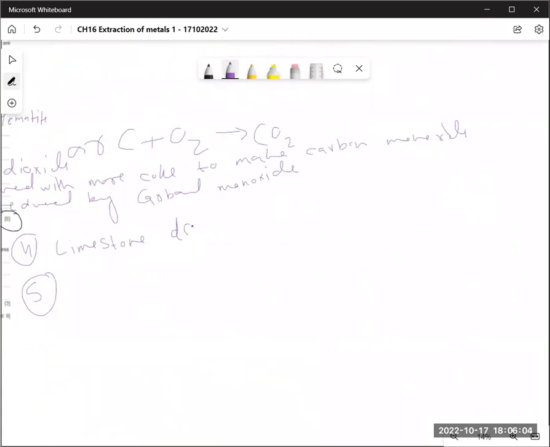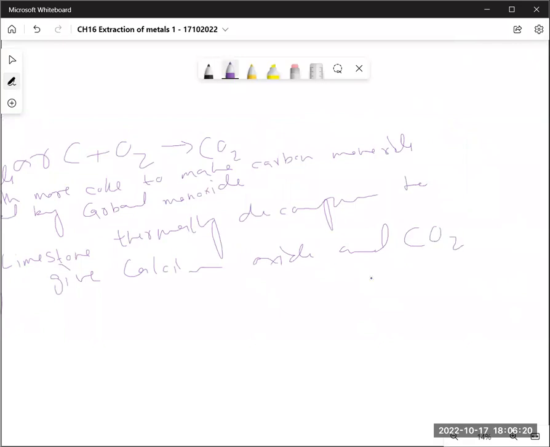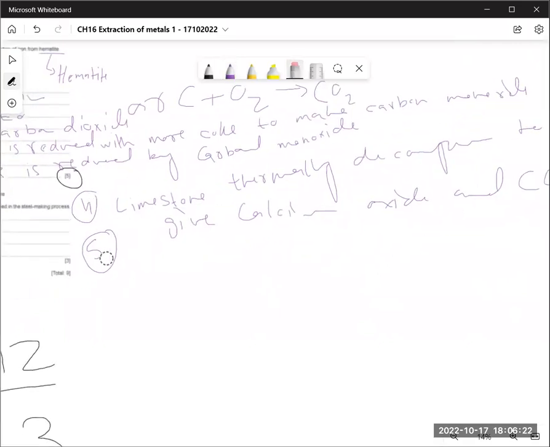So limestone decomposes, but we write thermally decomposes to give calcium oxide and carbon dioxide, CO2. Done. That's the fourth mark. Again, we'll give the equation for this. So CaCO3 will give us CaO plus CO2.